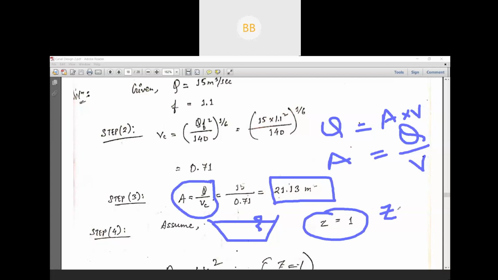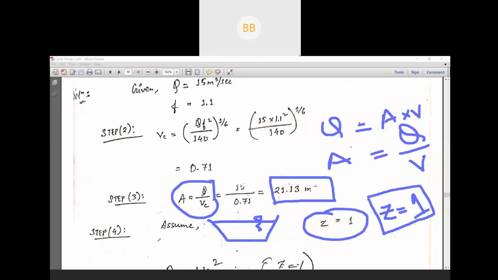Always remember, when the z value is not given, try to assume it as 1. It helps simplify the calculation. Whenever z is not given, assume z equal to 1.